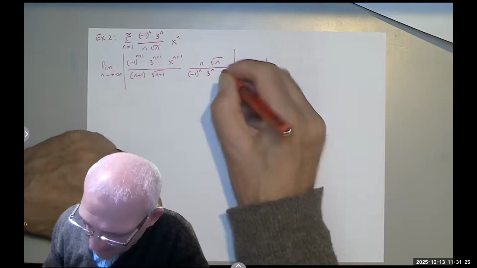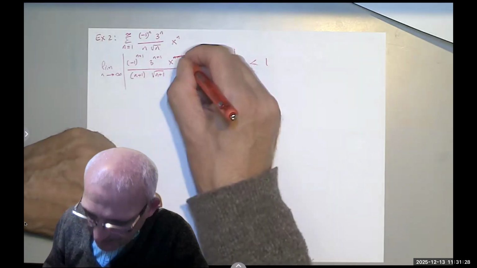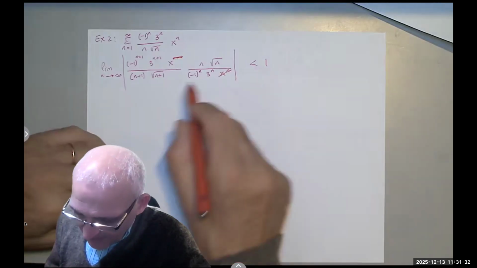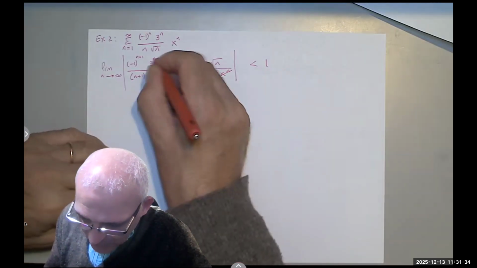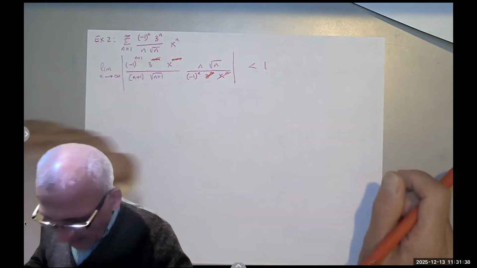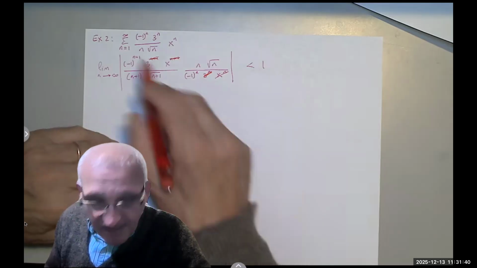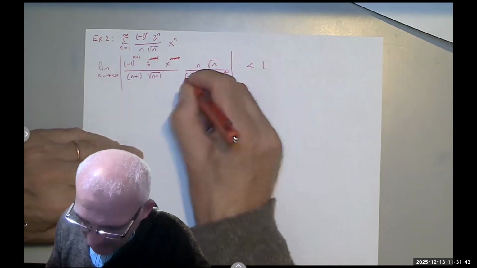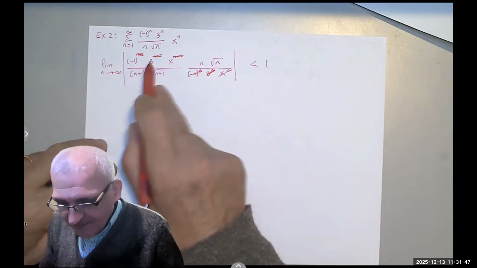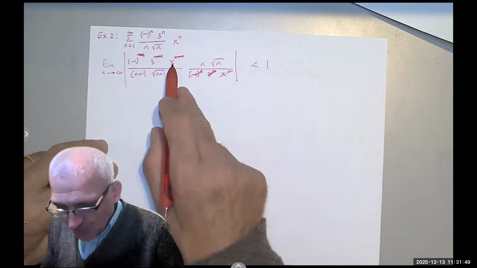As always, x to the n and x to the n plus 1 would leave me with x on the top. 3 to the n and 3 to the n plus 1 would leave me with 3 on the top. Negative 1 to the n and negative 1 to the n plus 1 leaves me with negative 1 on the top, meaning I have negative 3n root n x over that.